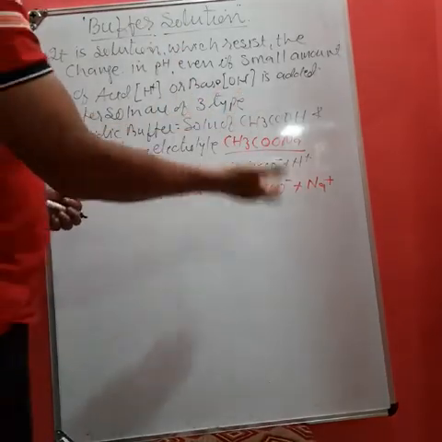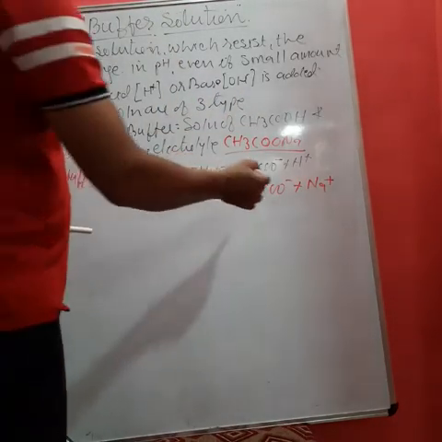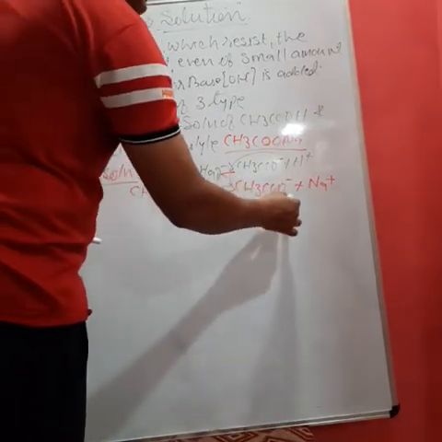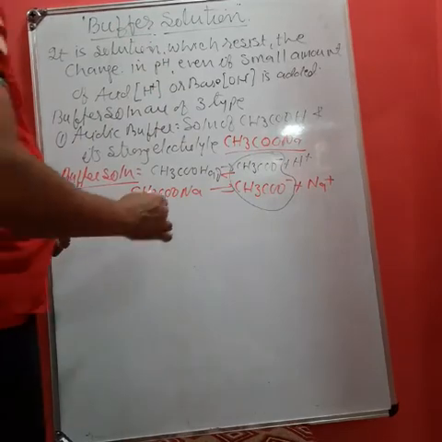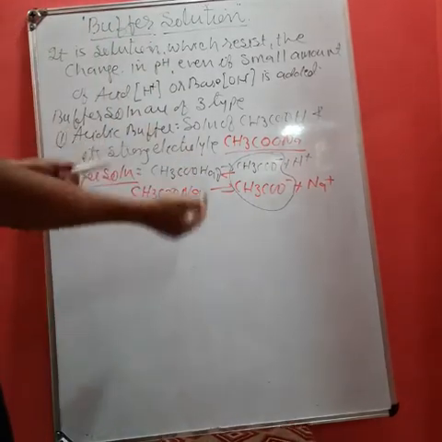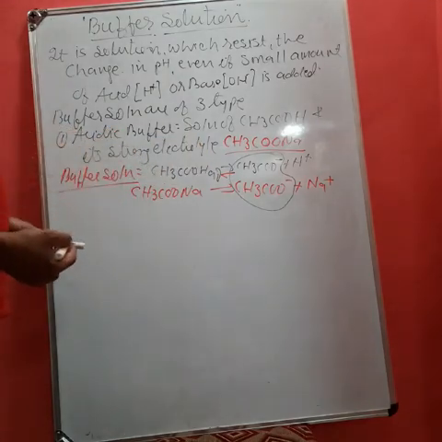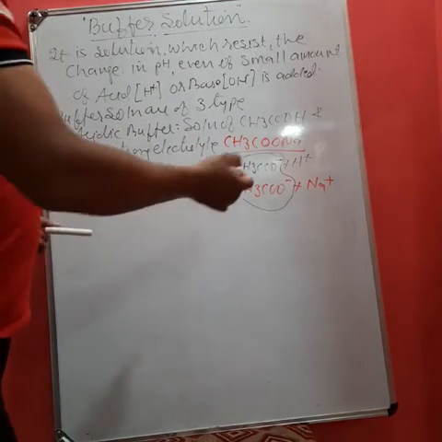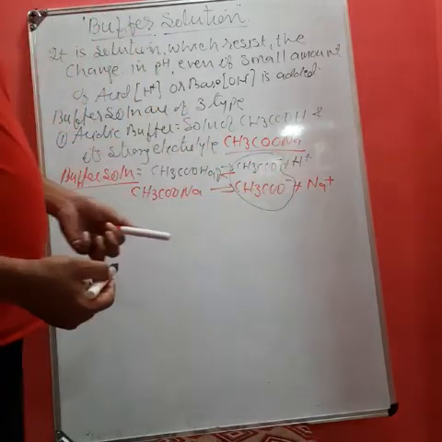Now the common ion effect will take place. That is, according to Le Chatelier's principle, the increased quantity of acetate ion on the product side will suppress the reaction in the backward direction. Therefore, the H concentration gets decreased.